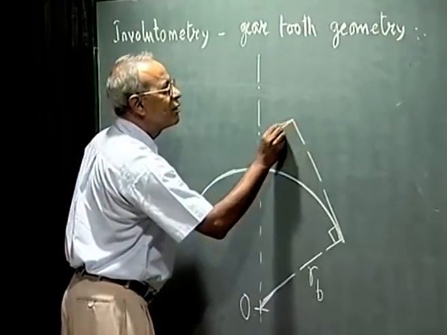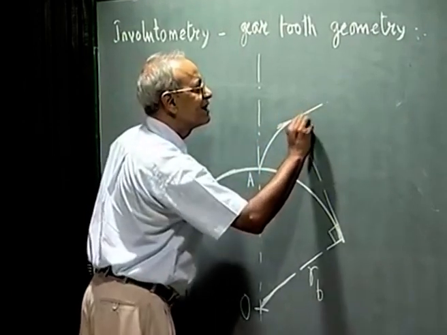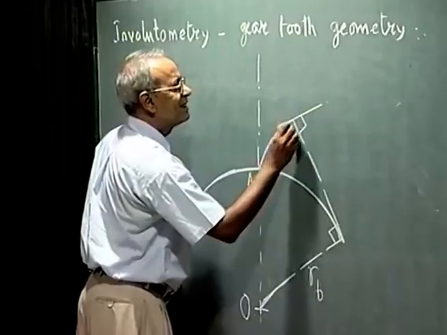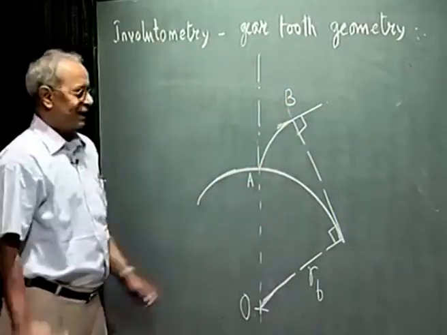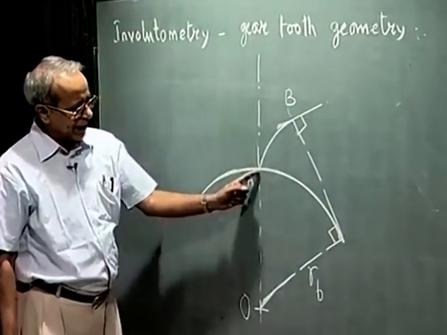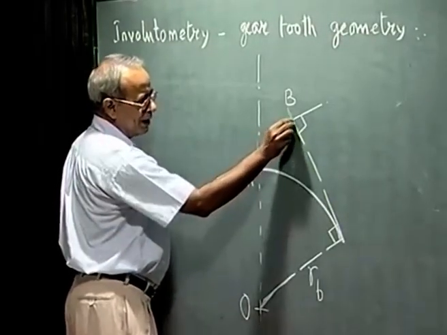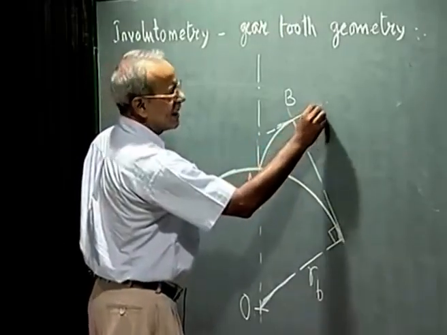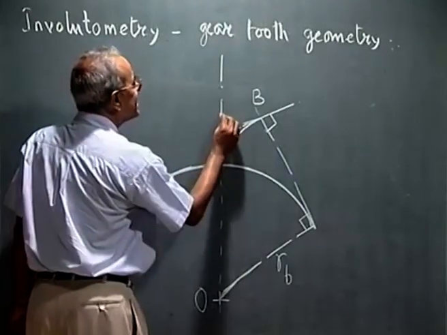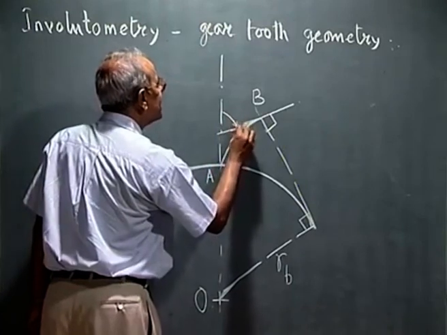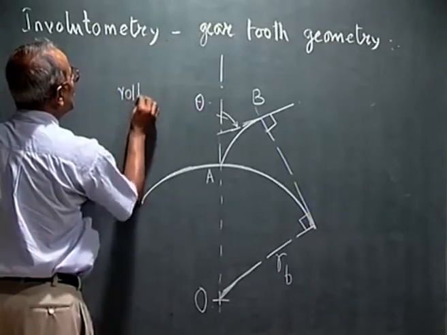So, the tangent is perpendicular to the string, this is the tangent at this point, say B. This radial line is tangent to the involute at A, and this line which is perpendicular to the string at the point B is the tangent at the point B. And this angle between these two tangents I call the roll angle theta. Theta is called the roll angle.